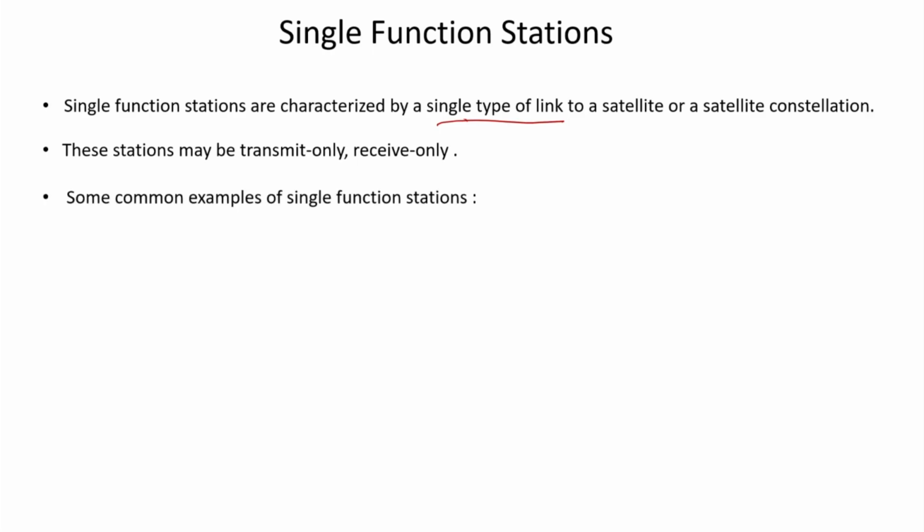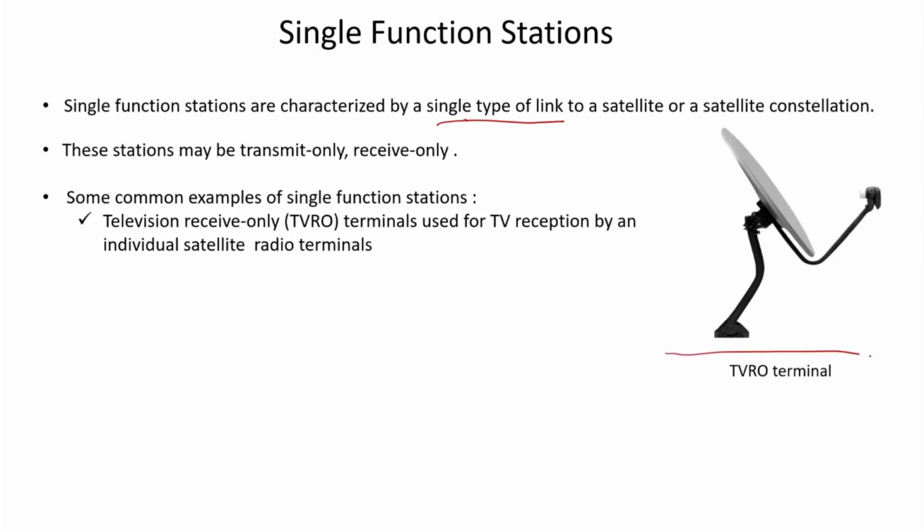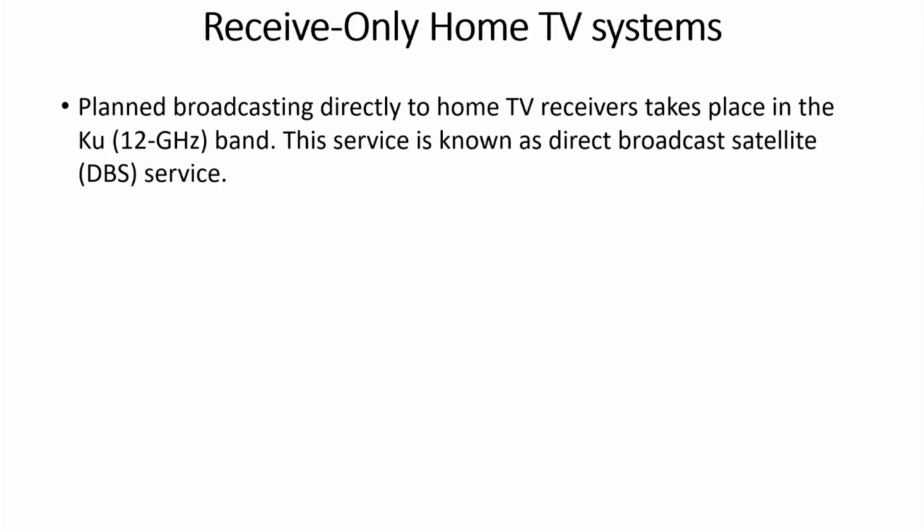Some common examples of single function stations are the television receive only, that is TVRO terminals, which are used for TV reception by an individual, and satellite radio terminals. This type of antenna is widely used in offices or homes to receive direct to home satellite services. So, this is the receive only home TV system.